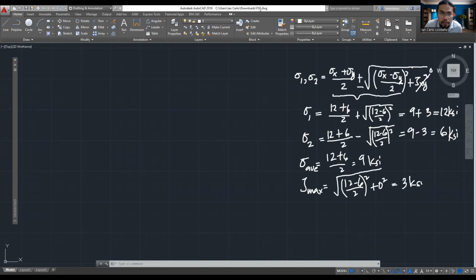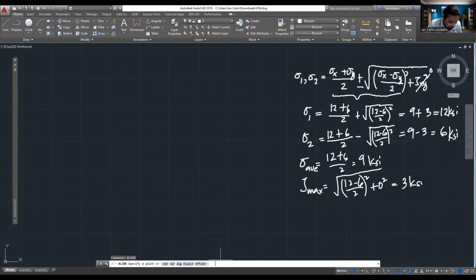Let's try to draw the Mohr circle of this one. Let's use this CAD software. Please bear with the use of the different command line codes, because you will have to understand what that means.